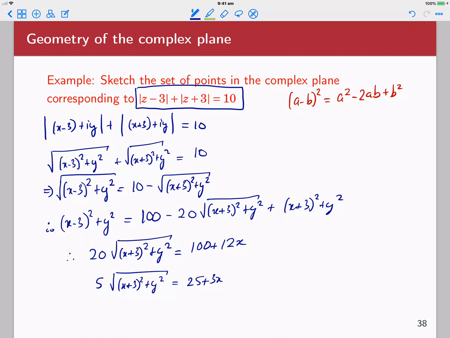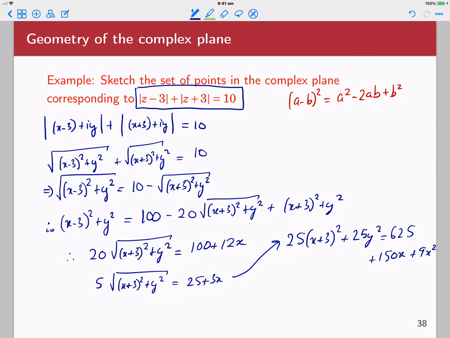And now again, squaring one more time, the last time. So squaring both sides, I get 25 times x plus 3 squared plus 25y squared. If I square the right hand side, I get 625 plus 150x plus 9x squared.